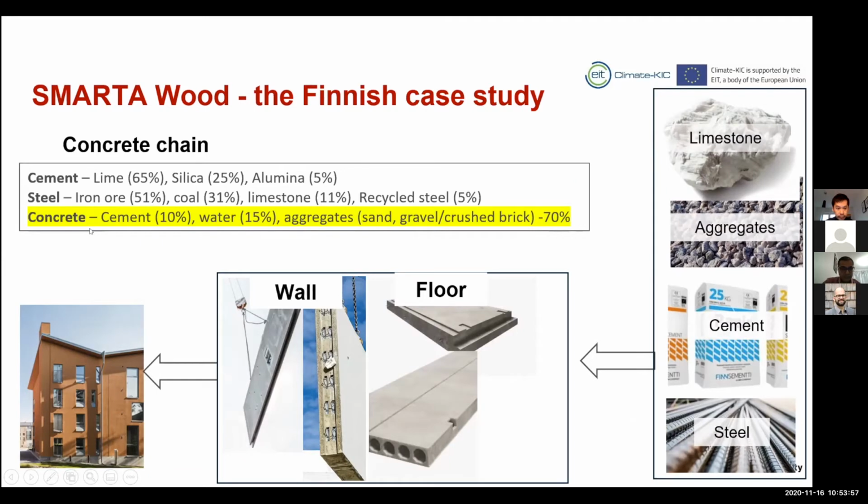As in the Swedish case, you have heard the steel is not that much, but cement or lime, those are the major raw materials. Those raw materials are used to produce this wall, floor, these prefab elements, and then finally end up at this construction site.